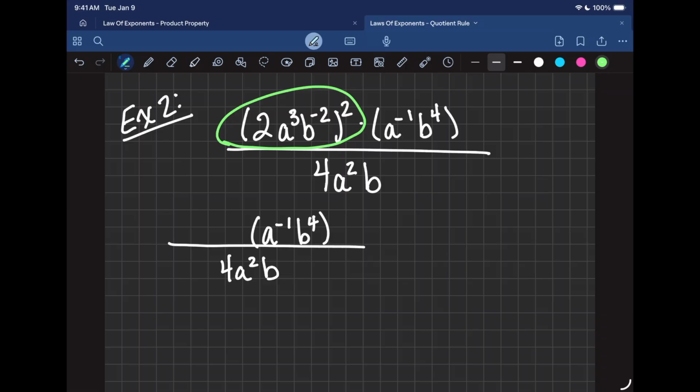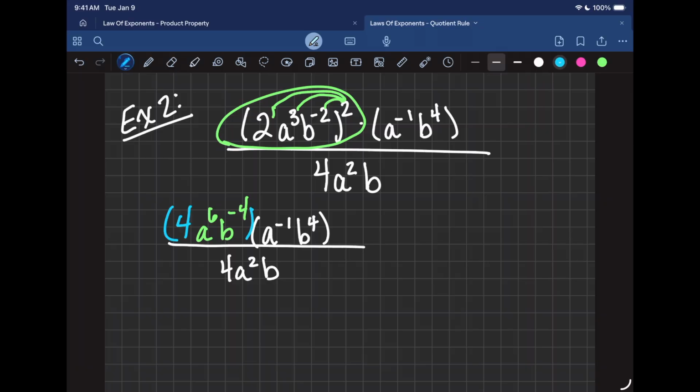I'm seeing that 2 is missing its invisible 1. Now that I have all 3 of those set up with my bases, we can go ahead and multiply. 2 times 1 is 2. 3 times 2 is 6. And 2 times negative 2 is a negative 4. Looking at this, 2 squared is the same as 4. And now we are done with that first piece.